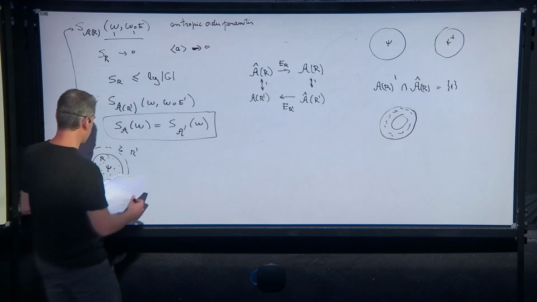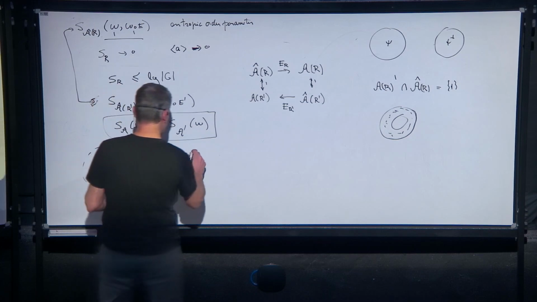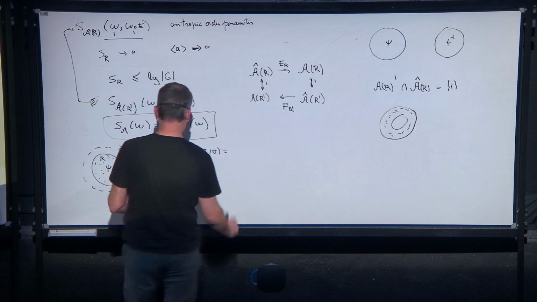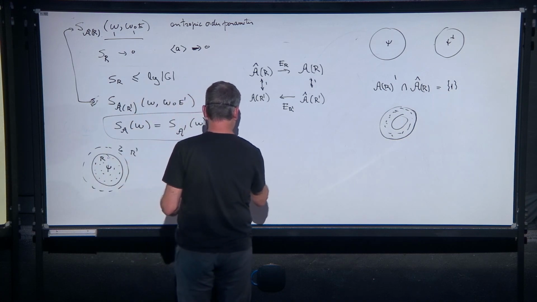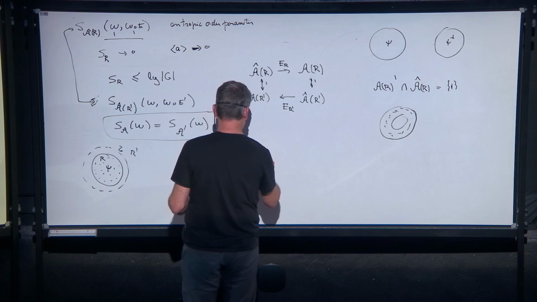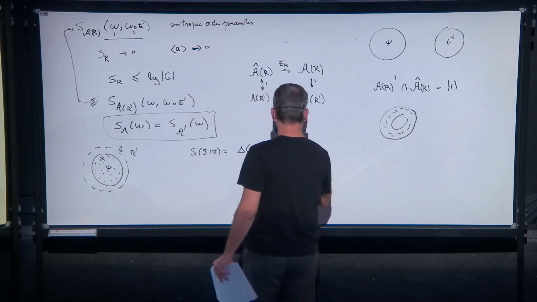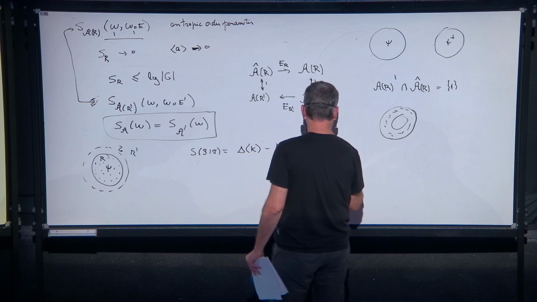So the relative entropy between two states can be written also as delta K, expectation value, minus delta S, where these are the entropies. This is the entropy of rho minus the entropy of sigma.